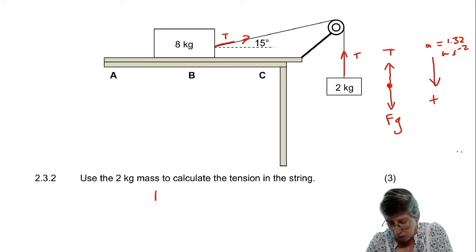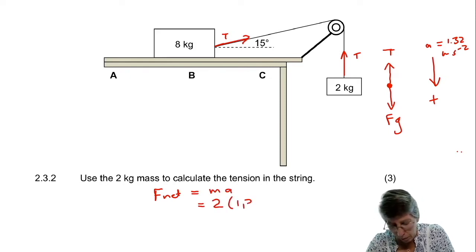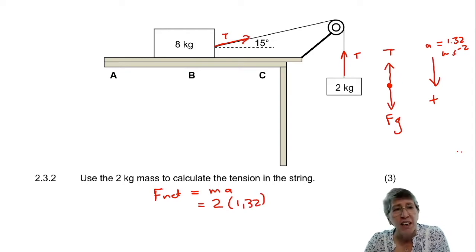So here I'm going to start with F net is equal to m times a. And now for F net, since we're using downwards as positive, gravity is going to be a positive value and T is going to be a negative force.